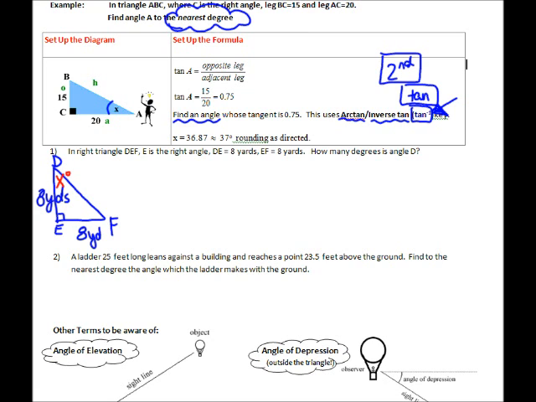And again, I would use tangent because I don't have the hypotenuse, and the tangent of this angle is 8 over 8. So just to practice using the keys, try putting in, I want the angle whose tangent is 1. And you should get, not even having to round, 45 degrees, the isosceles right triangle.